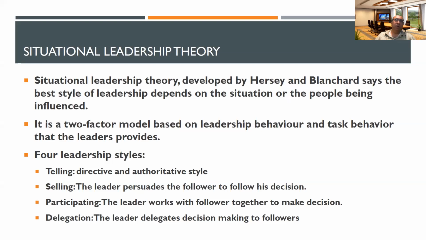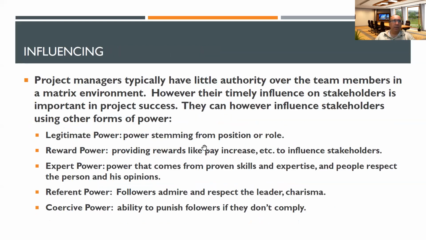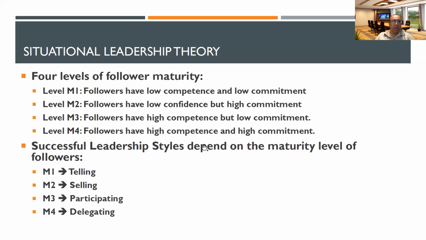So this is the leadership styles, and their theory also. Yeah, sorry. Here we go. Their theory also is that there are 4 levels of follower maturity. Let me just see if I can find this in a little more detail.